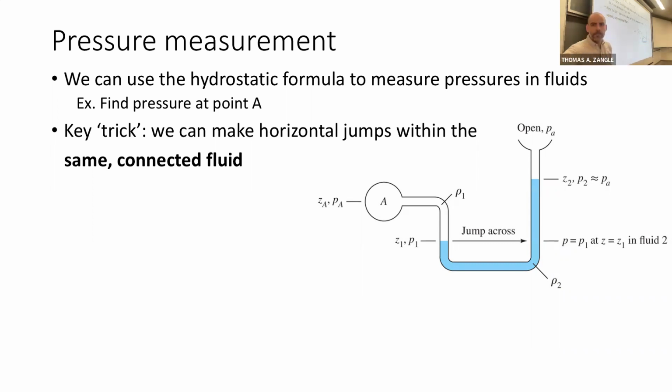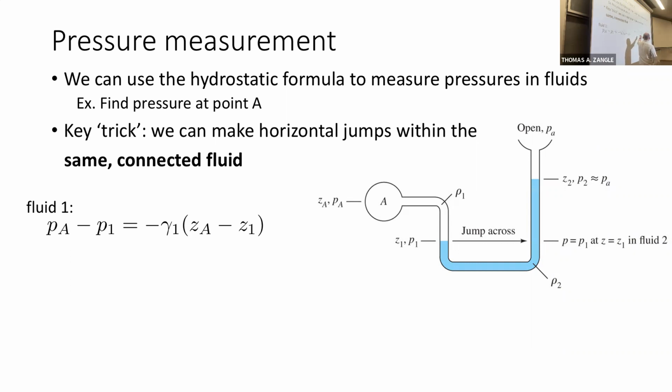Let's say we start within this fluid 1. We're going to start with this unknown PA that I want to know. We would say that PA minus P1 is minus gamma 1, since this is my fluid 1, some gas.